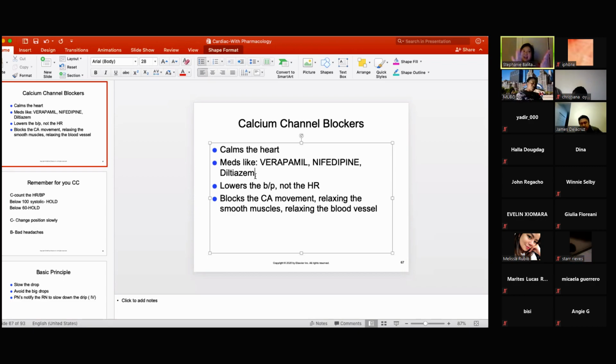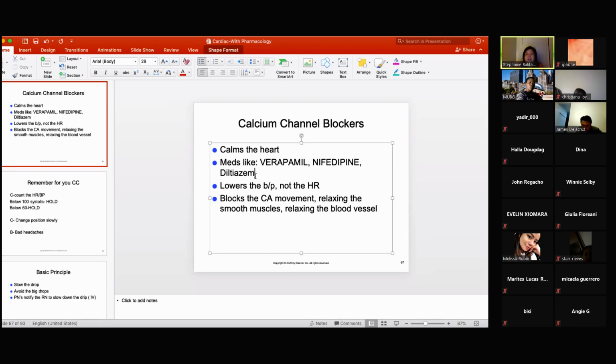When the cells are relaxed, the blood vessels are also relaxed. So the blood pressure goes down. So your calcium channel blockers calm the heart by blocking the movement of calcium within the cells. So they only do blood pressure, not the heart rate.